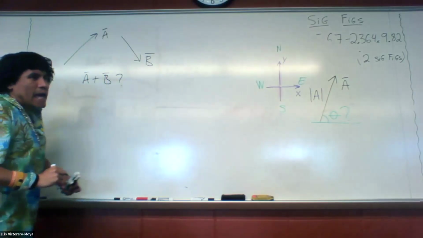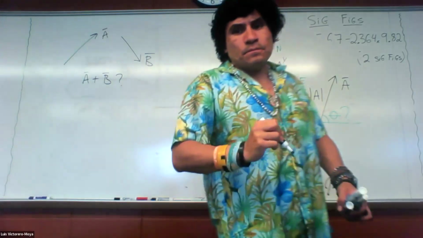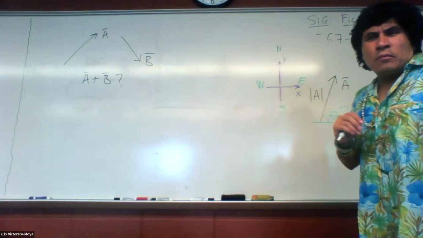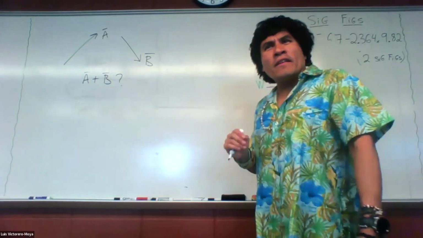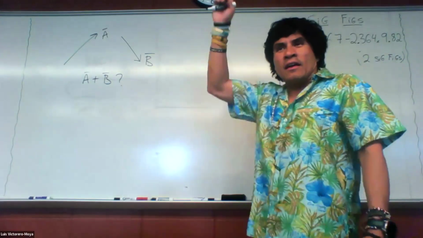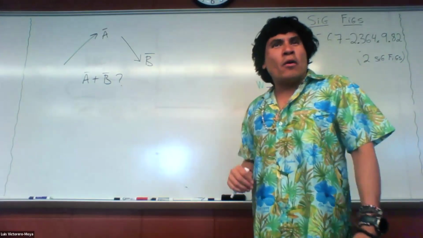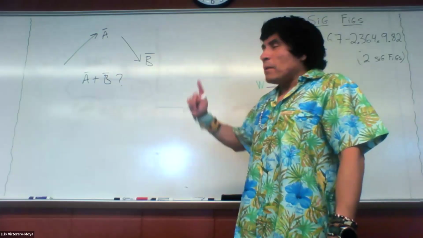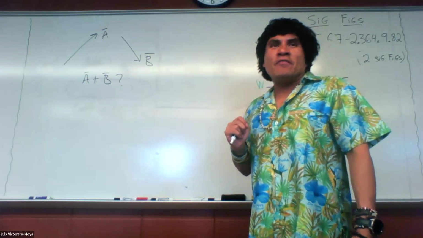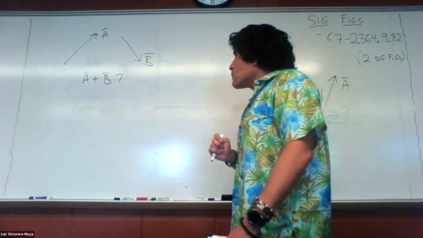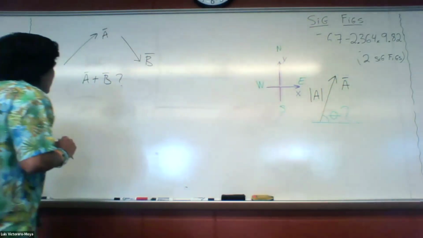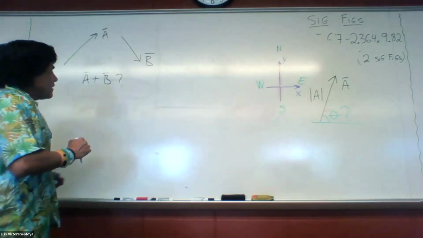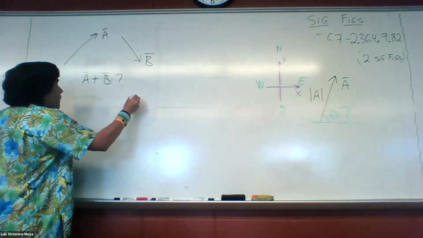Or at least, how does it look? Right? Eventually, we're just going to use the coordinate system. You can put those vectors in the X and Y axis, find the components, and you can find the sum of the vectors. But you can also find this graphically, right? The way you find the sum of two vectors graphically is just by doing this.